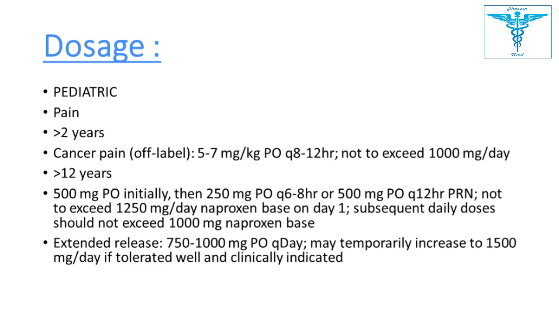The total dose should not exceed 1000 mg per day. If the patient age is more than 12 years, then 500 mg initial dose, then 250 mg every 6 to 8 hours, or 1200 mg, or 500 mg every 12 hours.